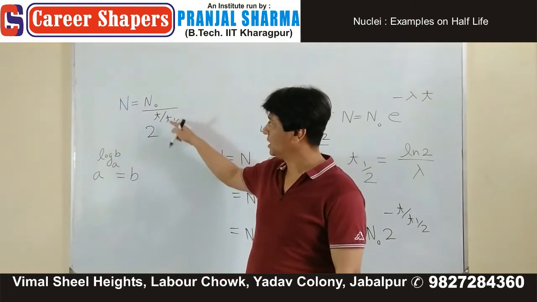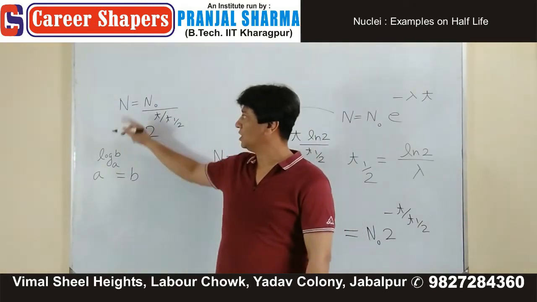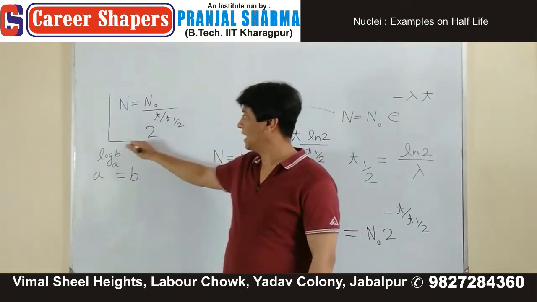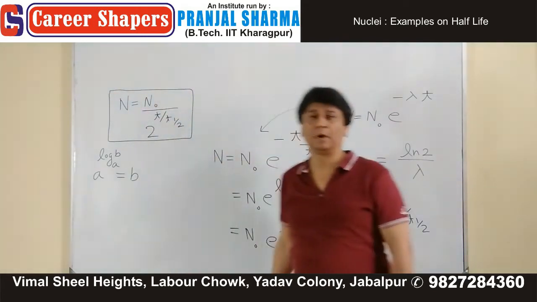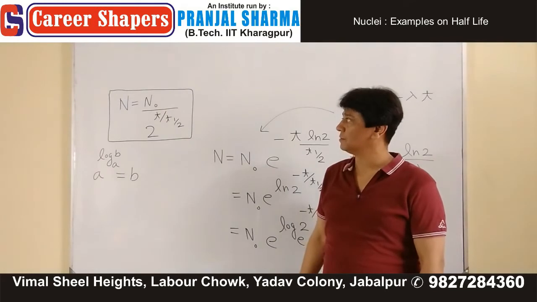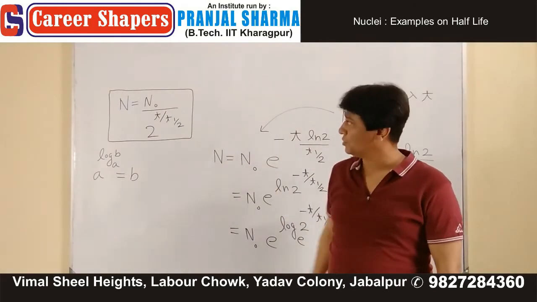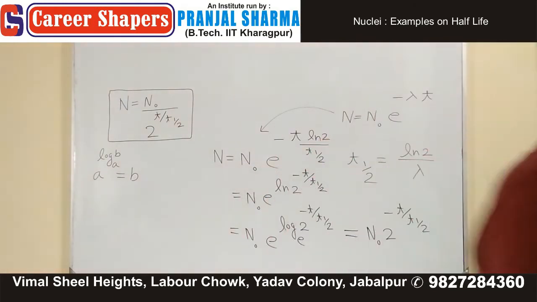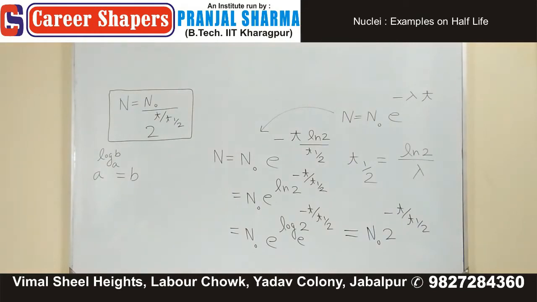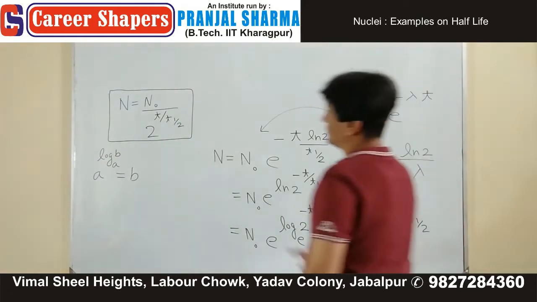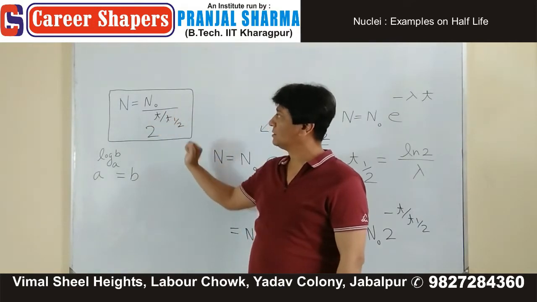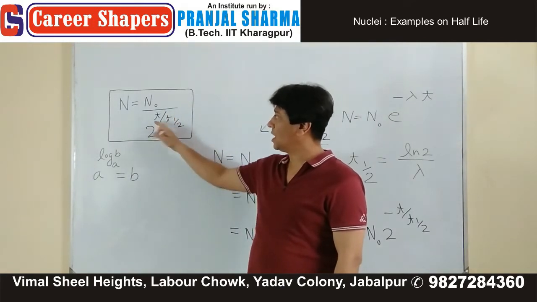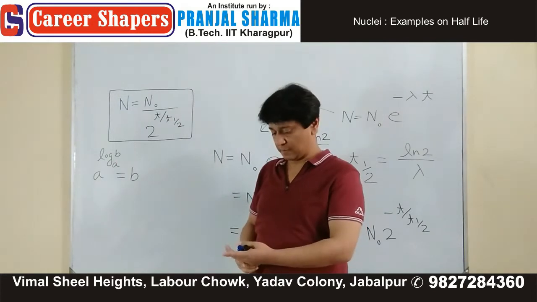N naught divided by 2 to the power t upon t half will give you number of active nuclides at any time t. Put down this much. Now, this is the relation between N naught and t half.